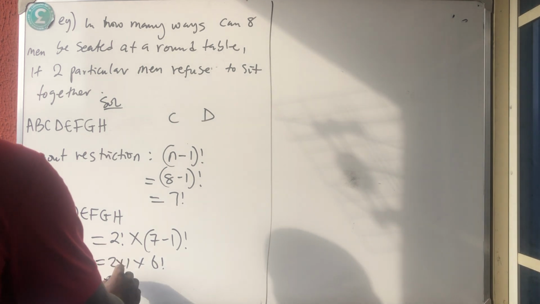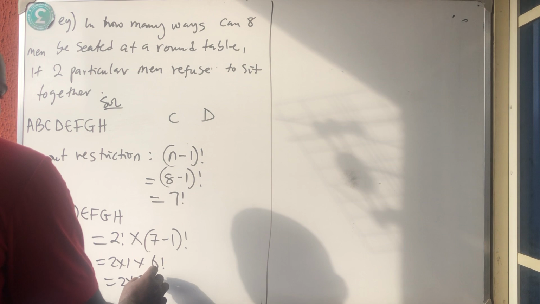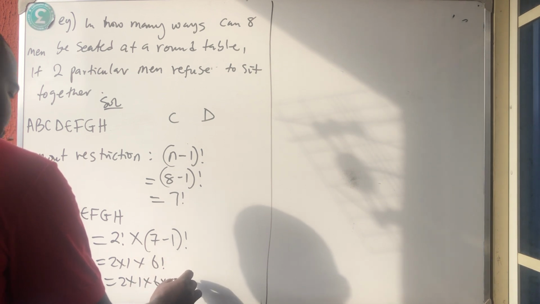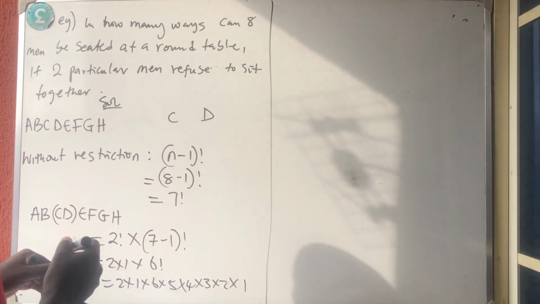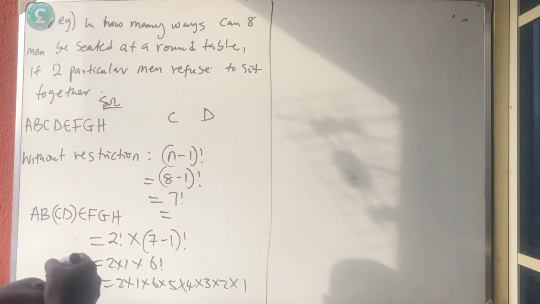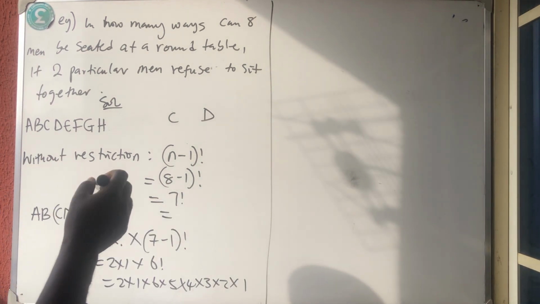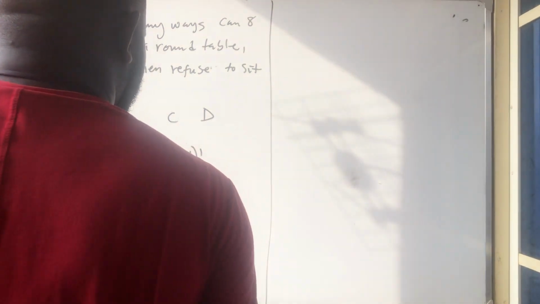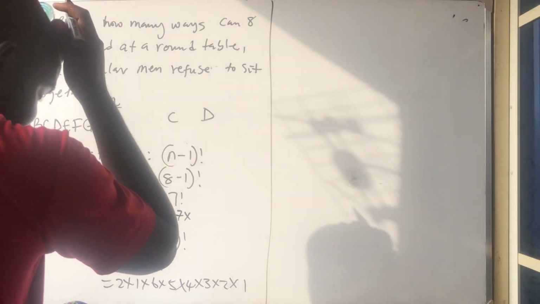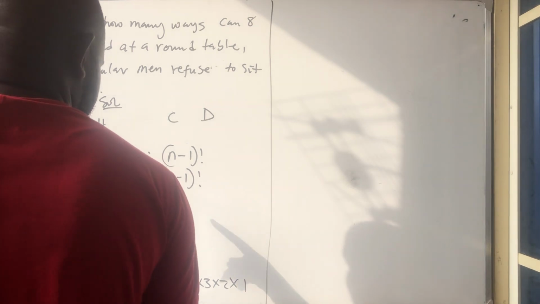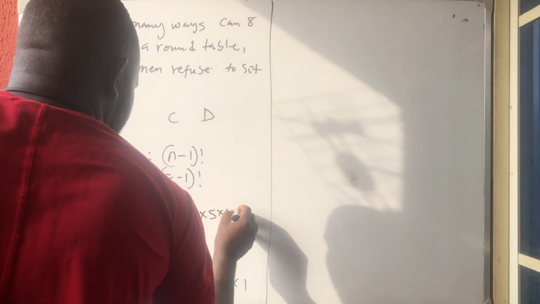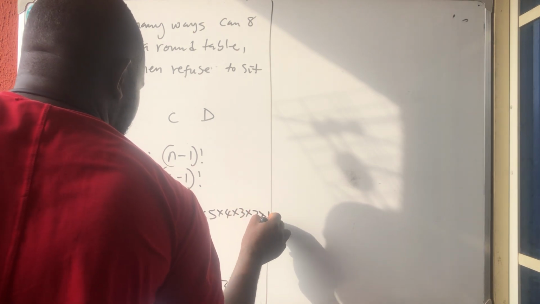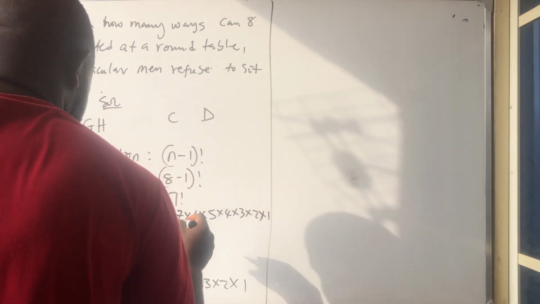So if I get the answer, I'm going to have 2 times 1 times 6 times 5 times 4 times 3 times 2 times 1. And the answer to the without-restriction case is 7 times 6 times 5 times 4 times 3 times 2 times 1.